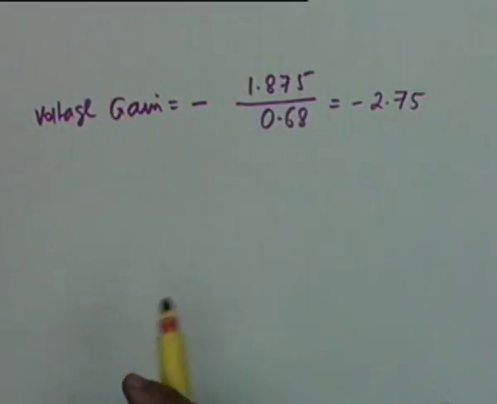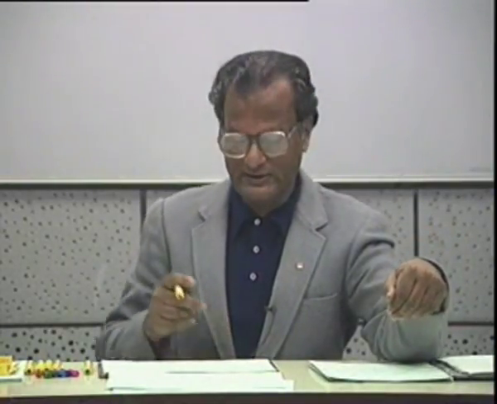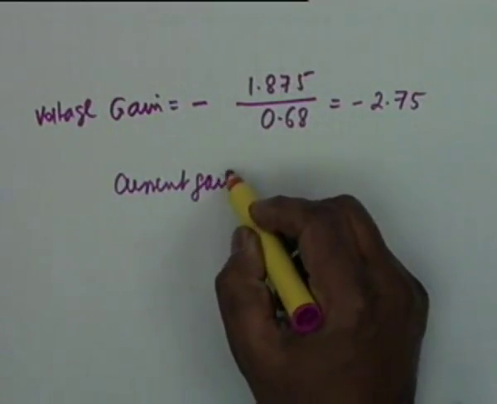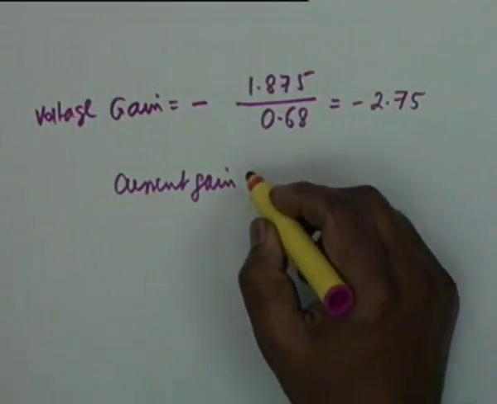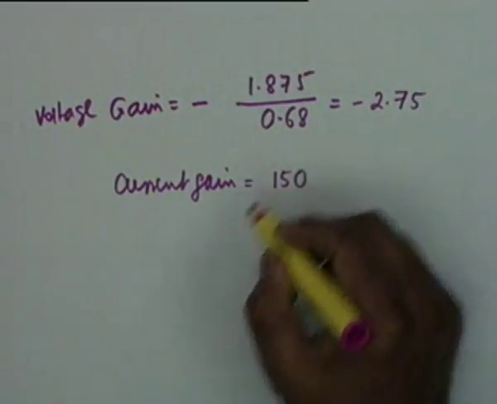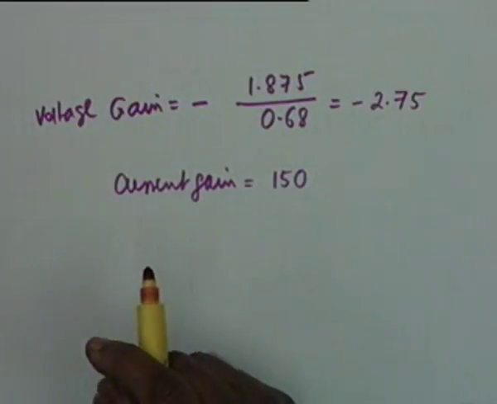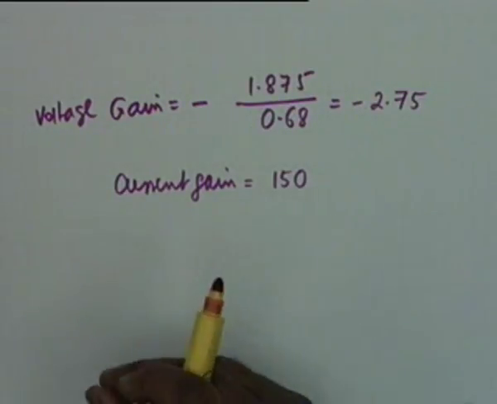This is the voltage gain, that is the output signal component divided by the input signal component. Alright, voltage gain. What is the current gain? That's exactly equal to 150. Agreed? This is equal to beta. See, output signal current divided by input signal current.